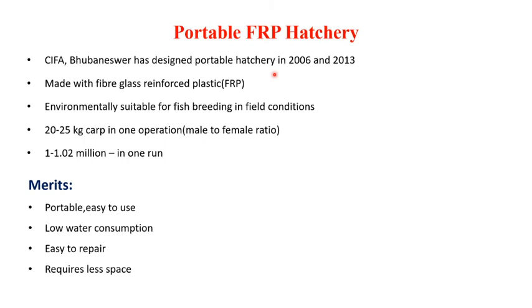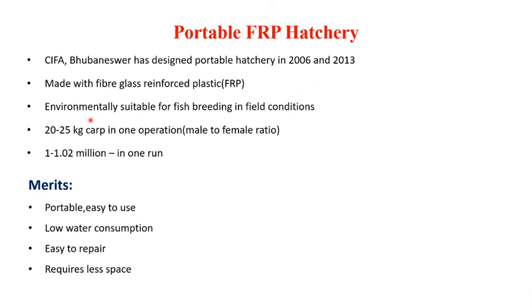the introduction of this hatchery. The carp hatchery is fully made up of fiberglass reinforced plastic. So that is fiberglass reinforced plastic, called FRP, and it has been suitably designed and developed by CIFA Bhubaneswar, that is Central Institute of Freshwater Aquaculture, in 2006 and later modified in 2013.